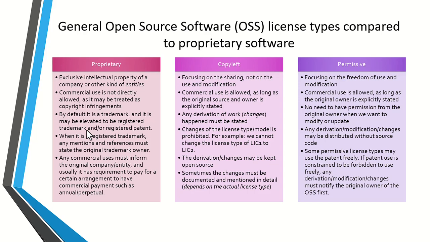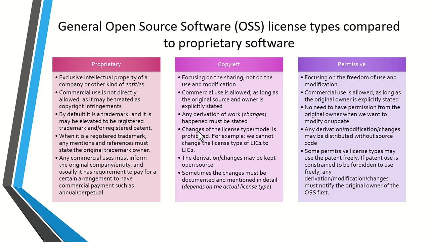Now let's discuss copyleft and permissive. Quick recap. Copyleft is focused on sharing, not on use and modification. Of course, commercial use is allowed as long as the original source and owner are explicitly stated. Any derivation of work or changes must also be stated. The license cannot be changed.